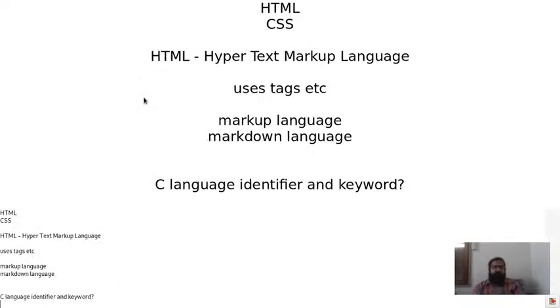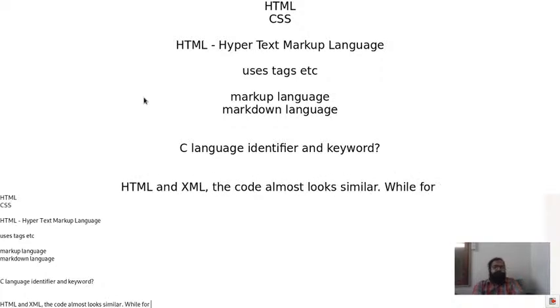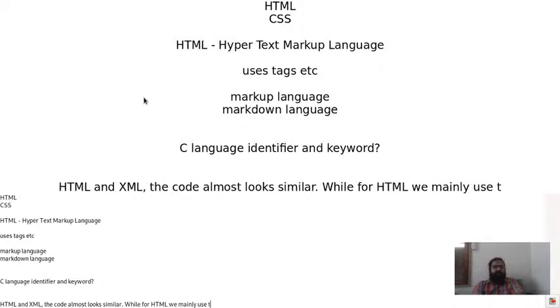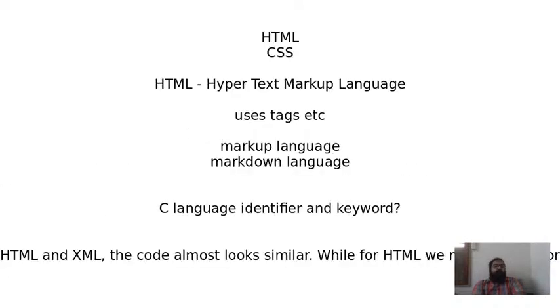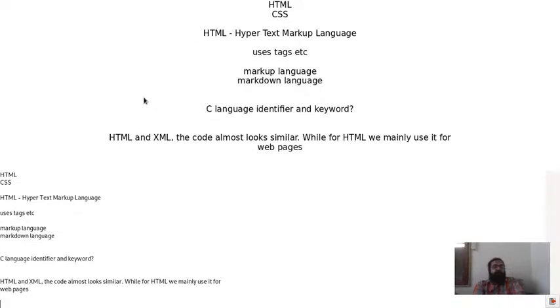In the same way, in HTML and XML the code almost looks similar. For HTML, we mainly use it for web page development or web pages, while XML is for data storage and data sharing.